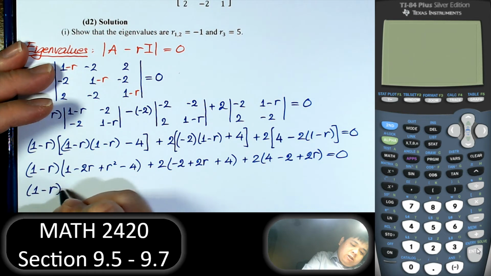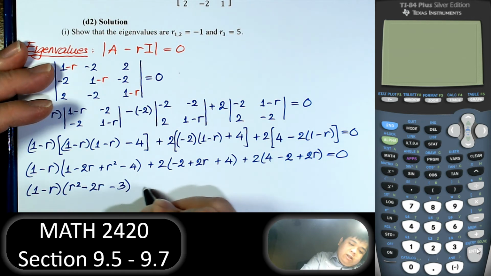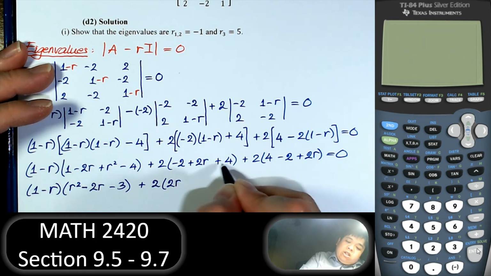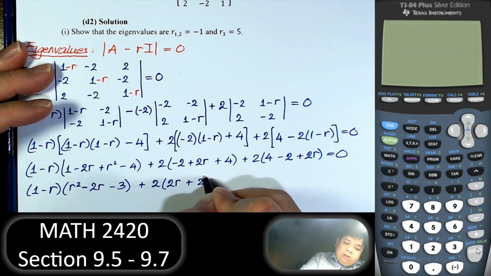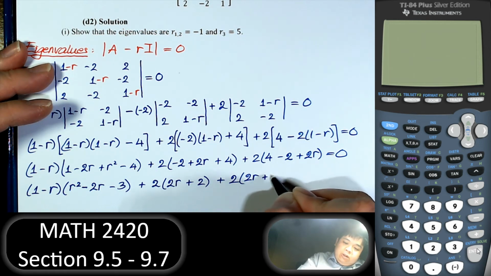1 minus R squared, minus 2R minus 3, 2R minus 2 plus 4, 2R, 4 minus 2.